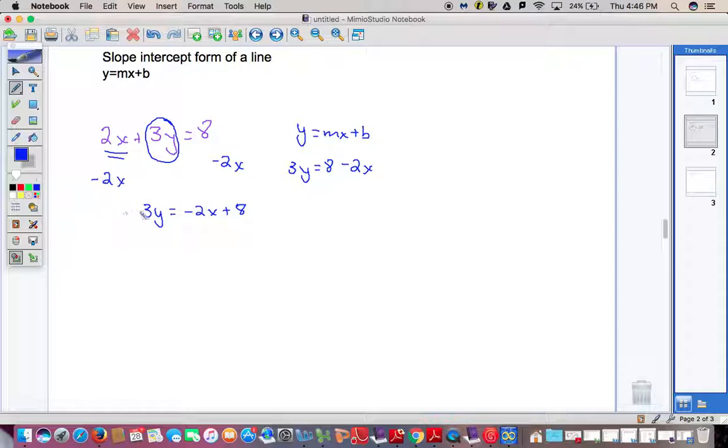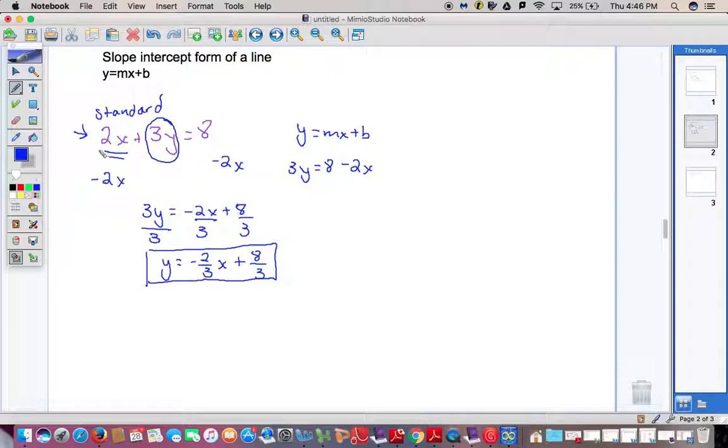I'm not quite done yet, because I need y completely by itself. So I'm going to divide both sides of my equation by 3. So I have y equals negative 2/3 x plus 8/3. This equation here was in standard form, and I have now rewritten it in slope-intercept form.